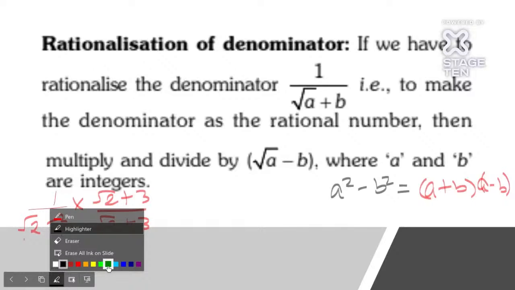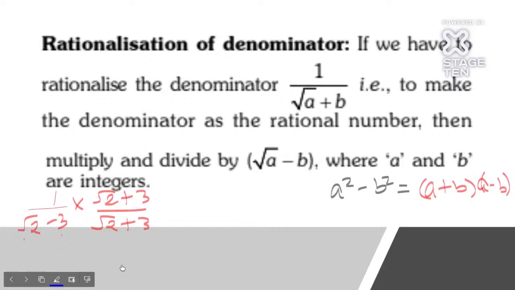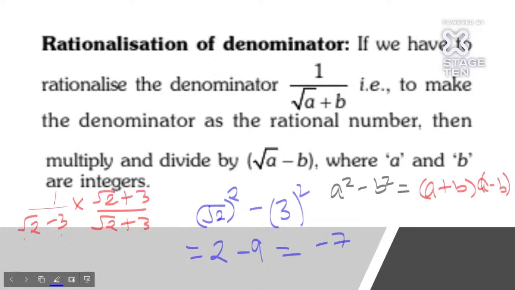So if I do that way, what will I get here? Root 2 whole square minus 3 square, correct? So what do I get? Here it will be 2 minus 9. 2 minus 9 is nothing but minus 7, right?